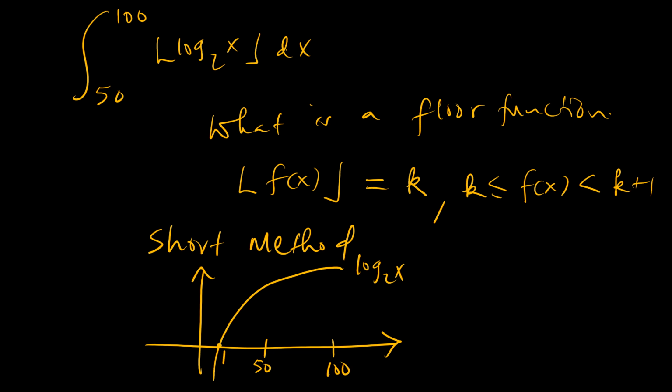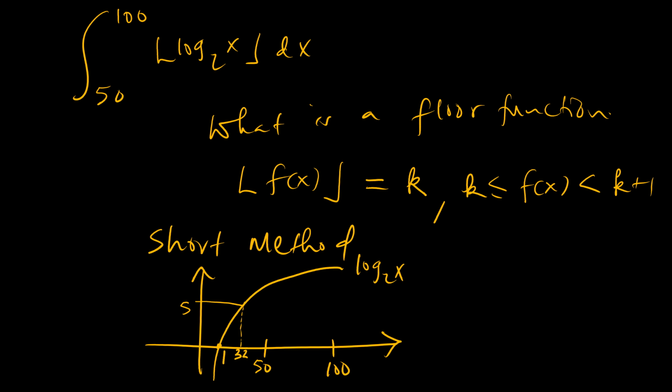So we see log 2 of x becomes 5 at 32, right? So log 2 of 32 is 5, right?